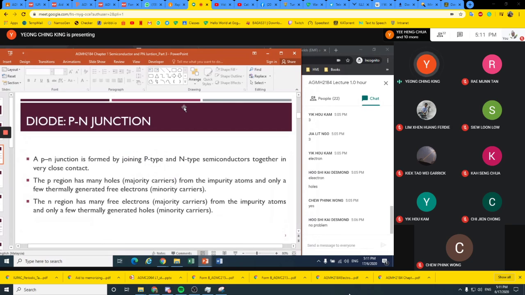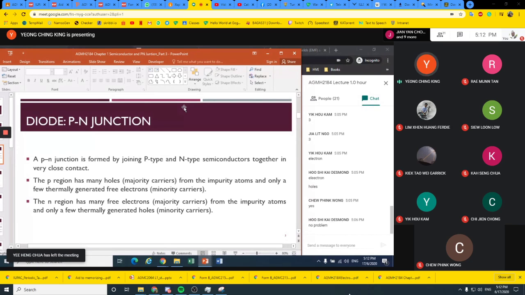And then what is meant by PN junction? The diode is the PN junction. A PN junction is formed by joining P-type and N-type semiconductors together in very close contact. As we know, the majority carriers of P-type semiconductors are holes, and for N-type semiconductors are electrons.